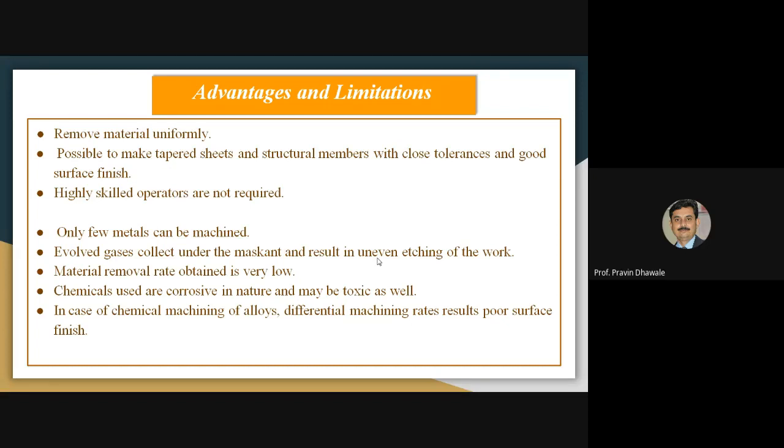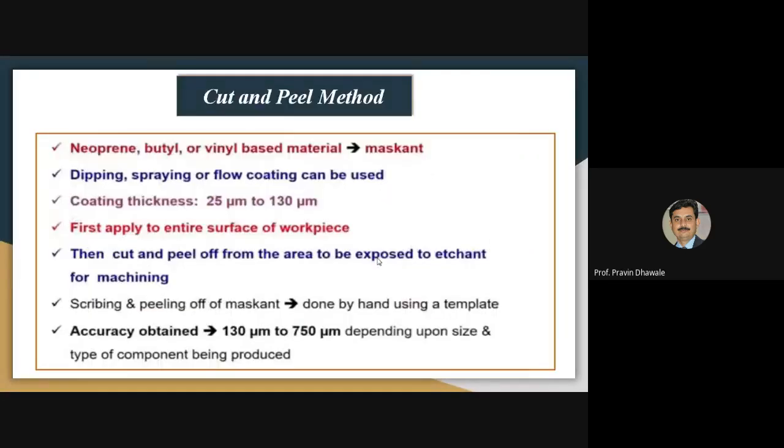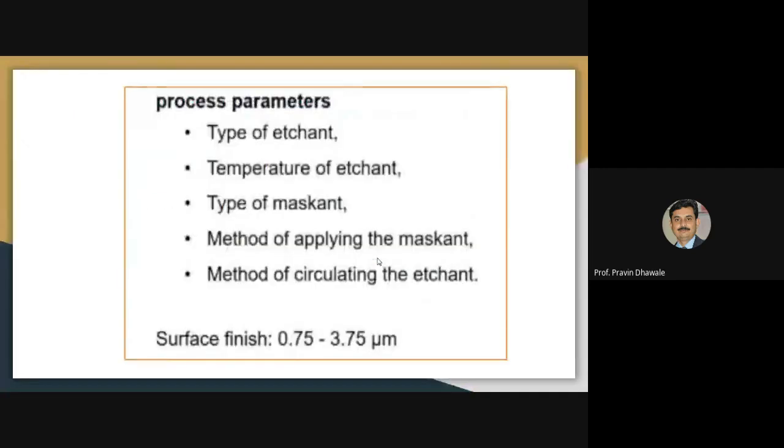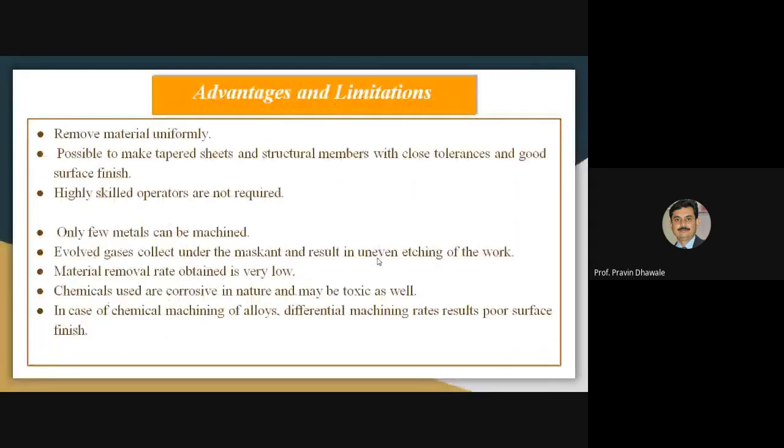That will be the close tolerance achieved by using chemical machining, with a surface finish in a range that will be given in the last slide, that is 0.75 to 3.75 microns. That much surface finish can be obtained by using chemical machining.